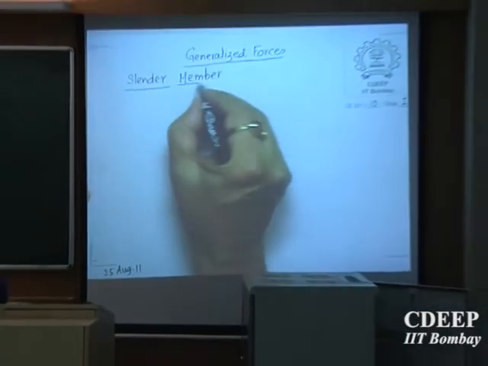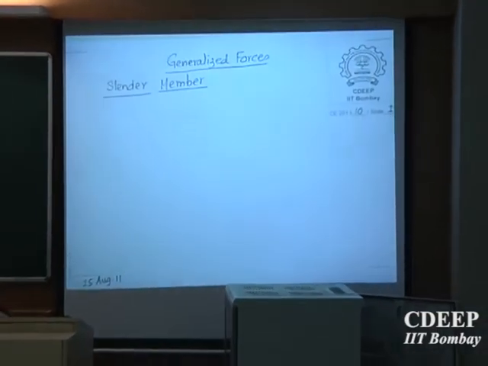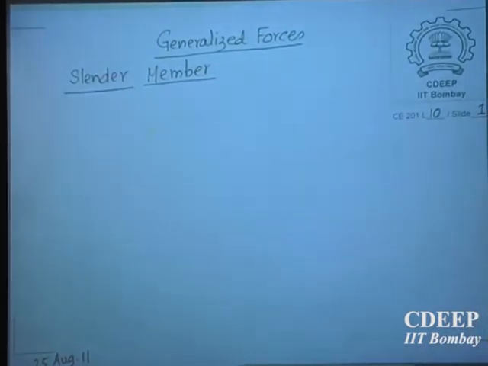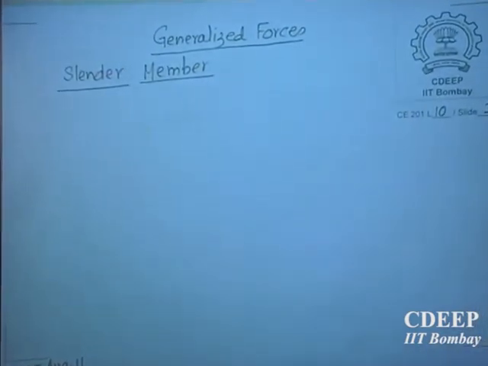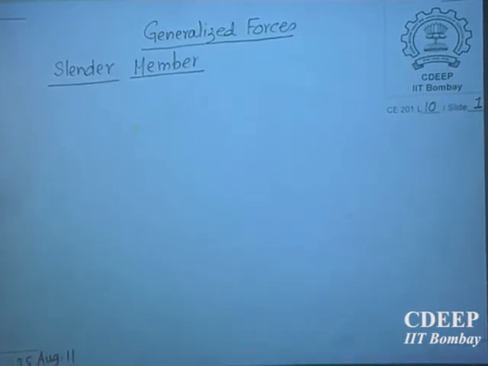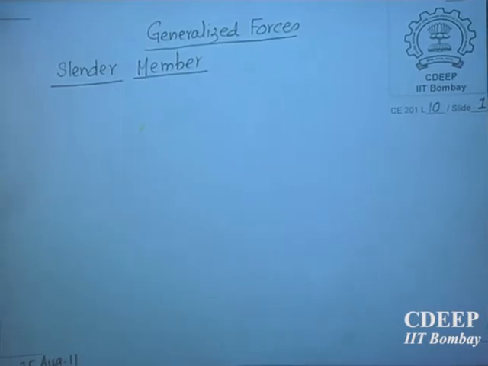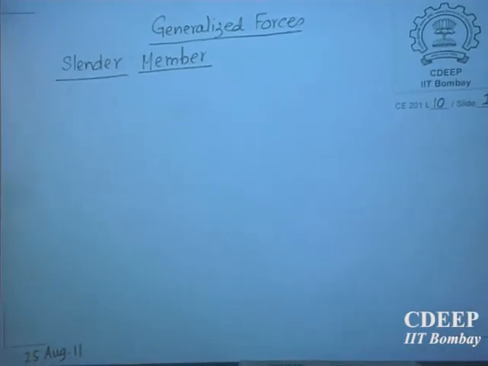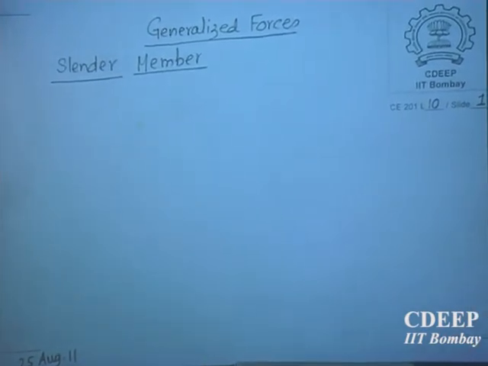See, body is very general, it defines a general body. Body can be very complicated. Now, one member of that body is such that it is slender. When do you idealize a body as slender? When one dimension is very large compared to the other two.